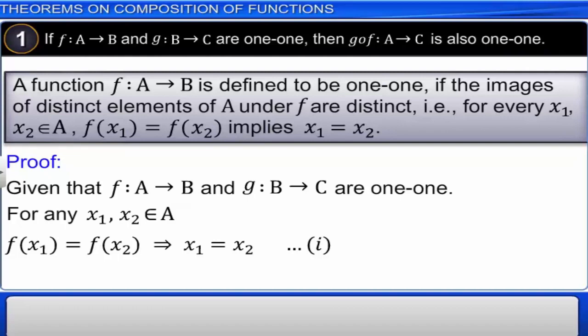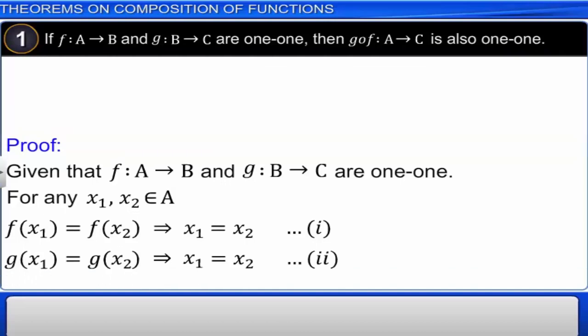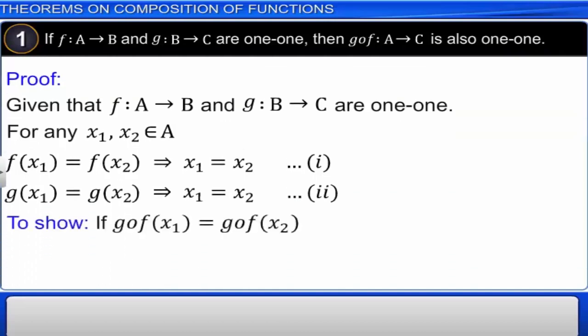Also, g of x1 is equal to g of x2 implies that x1 is equal to x2. To prove that g circle f is 1-1, we'll show that if the composition of f and g at points x1 and x2 are equal, then x1 is equal to x2.